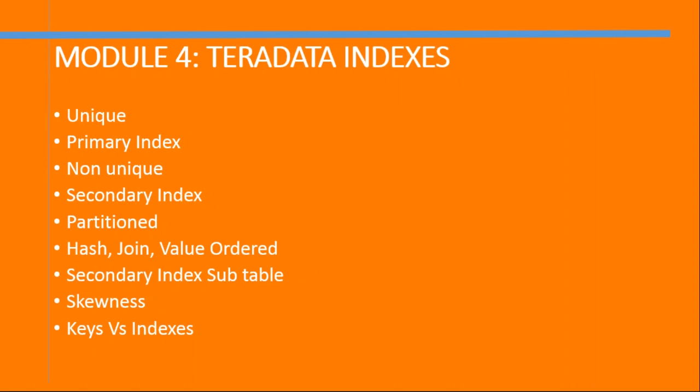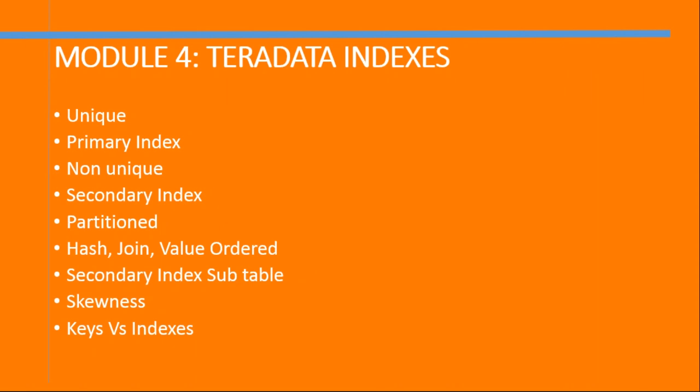The major difference is that a primary key is associated with how you restrict the data in a particular table, whereas a Teradata index relates to how you logically refer to data which is stored in a physical location. If you refer to an index, it gives a direct access path to the physical storage of that row.